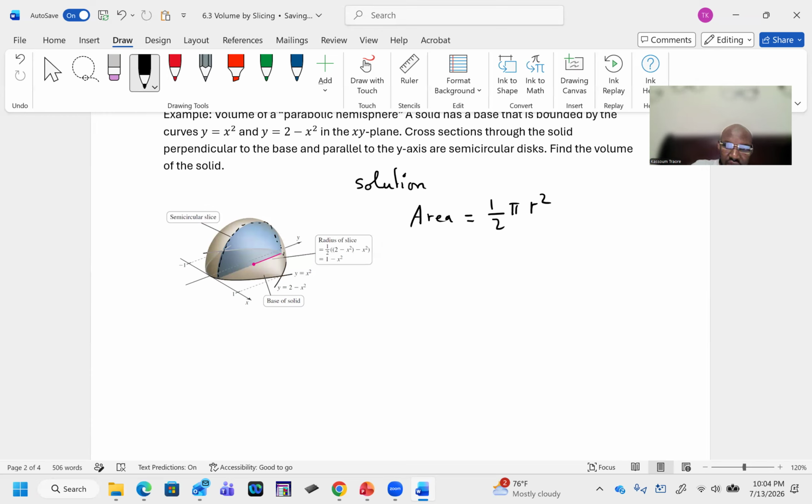So of course, to find R, R is equal to 1/2 (2 minus x squared minus x squared). And by doing this, we can see R would be 1 minus x squared. To find this R, because this is y equals x squared, and this is y equals 2 minus x squared.